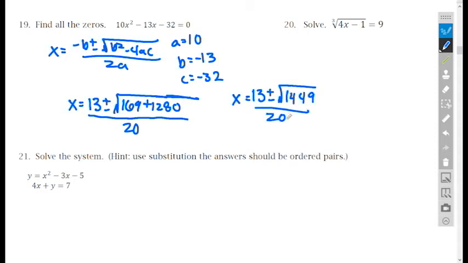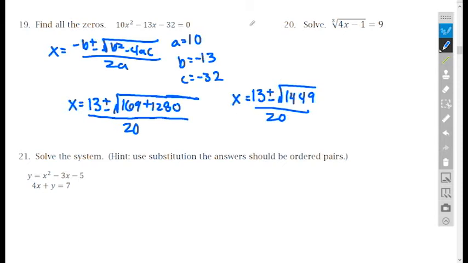over 20. Okay, so I don't know if 1449 is a perfect square, so let me see if I can take the square root of it, and I cannot. So I'm going to try to simplify that and see if there are some perfect squares that go into it. So 4 does not go into it. 9 goes into it.